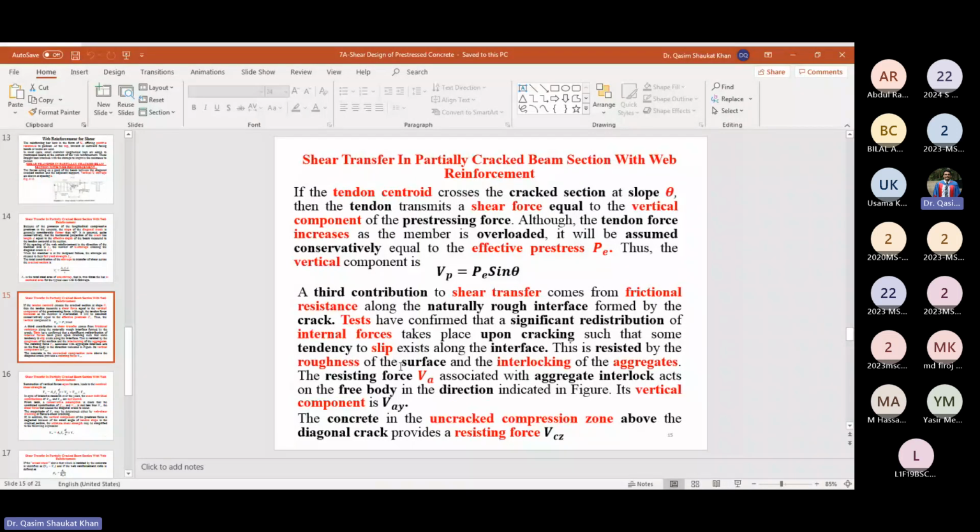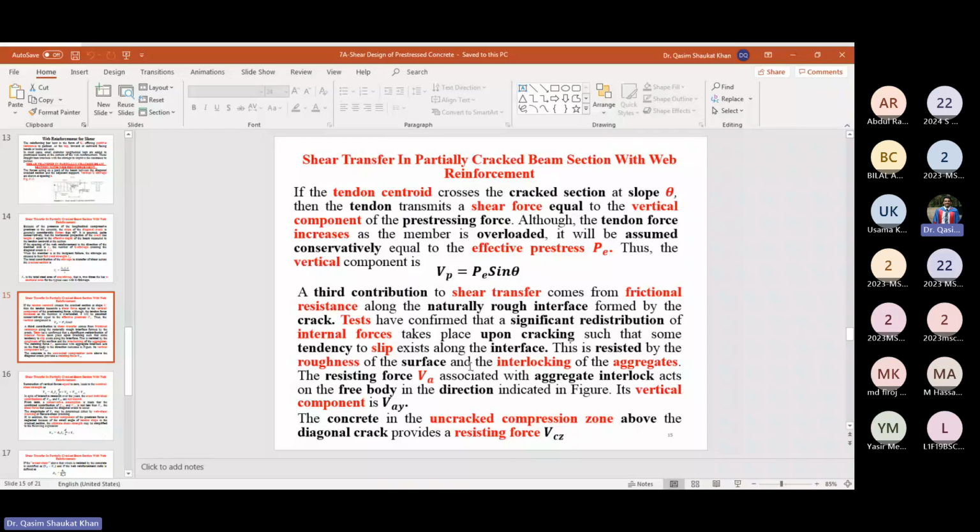This is resisted by the roughness of the surface and the interlocking of the aggregates. This resisting force VA associated with aggregate interlock acts on the free body in the direction indicated in the figure, which I have shown. So its vertical component is VAY.